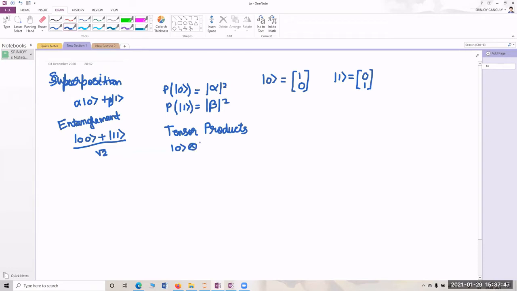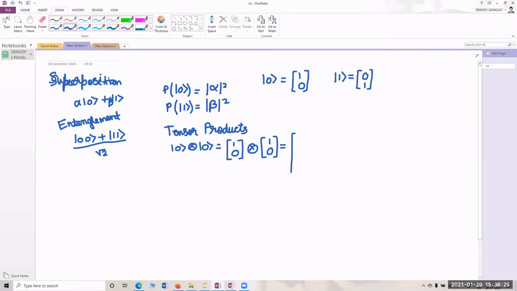And this is the symbol of tensor product. And what you do here, I will explain. Now let's compute.